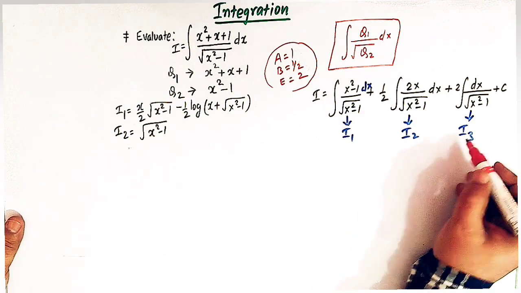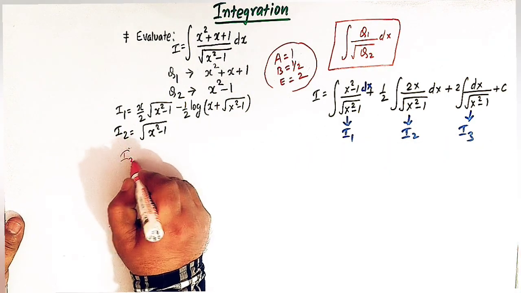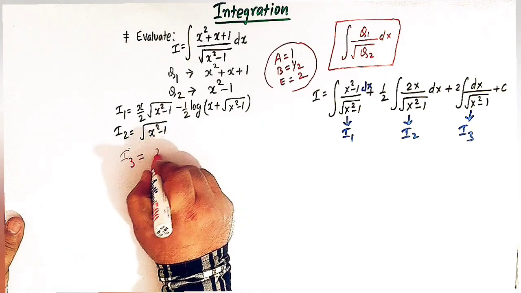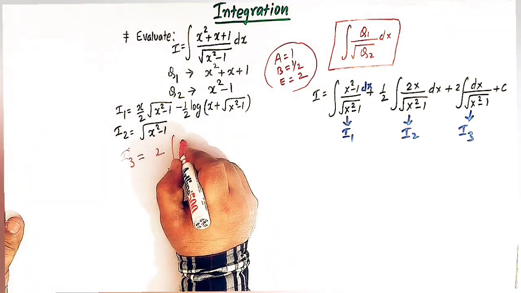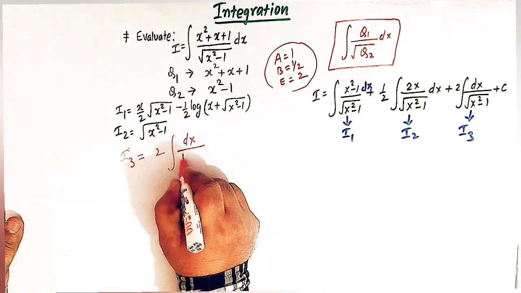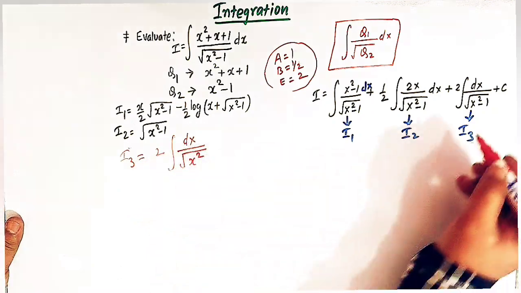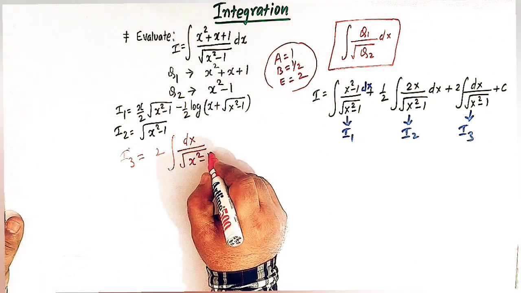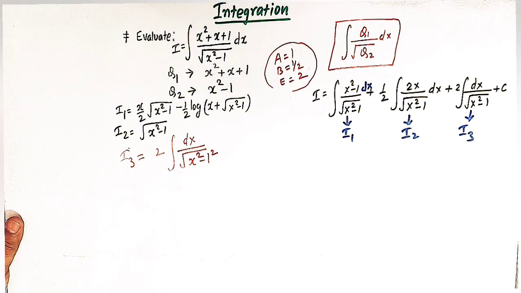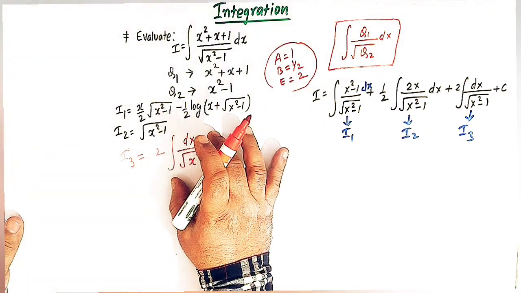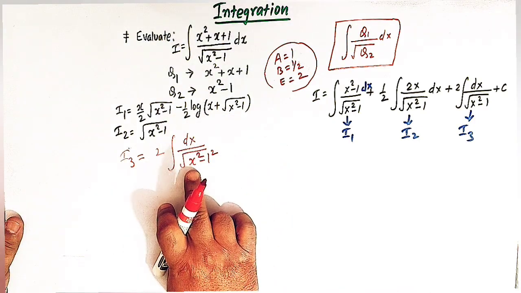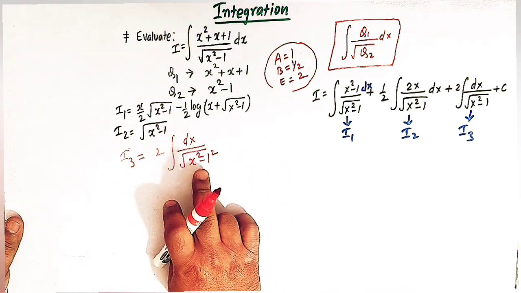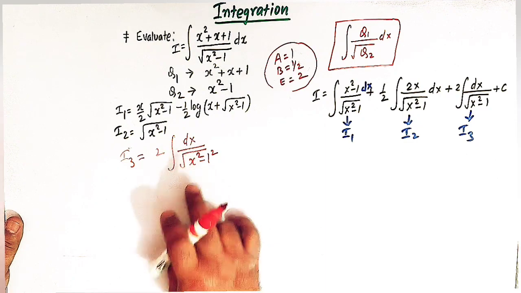So now consider this integral I3. Here we have 2 times the integral of dx over √(x² − 1), which can be written as √(x² − 1²), right? To write the integral of this expression, we'll again use a standard result.